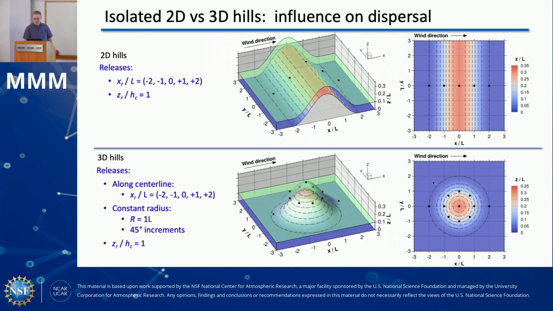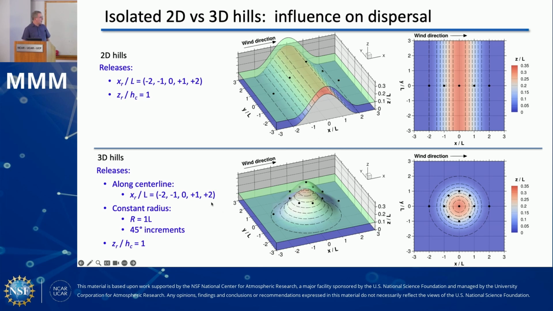All right, so now to the seed dispersal piece. On these hills, I'm letting seeds go at x over L of minus 2, minus 1, and 0, so that's at hill crest, just on the lee side of the hill, and then at the hill base on the back end. So that you can see here.